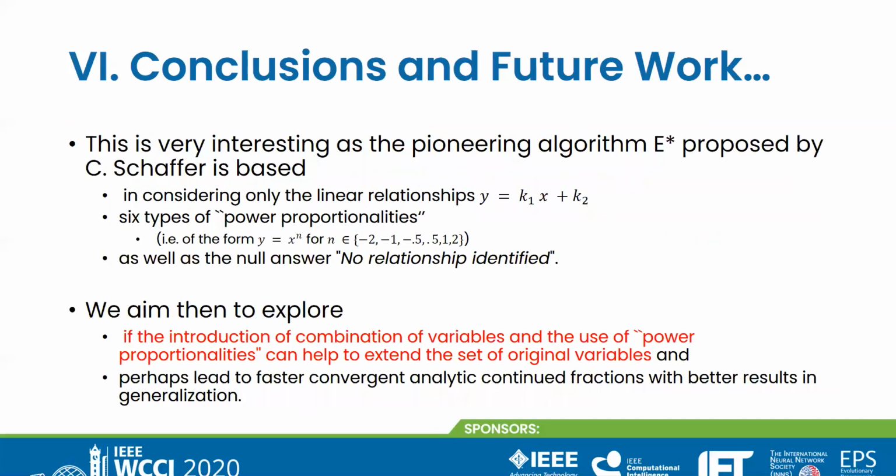So it's very interesting that this also links with some of the proposals of the originator of the dataset, Schaeffer, who was also interested in creating new variables with different powers of the original variables.